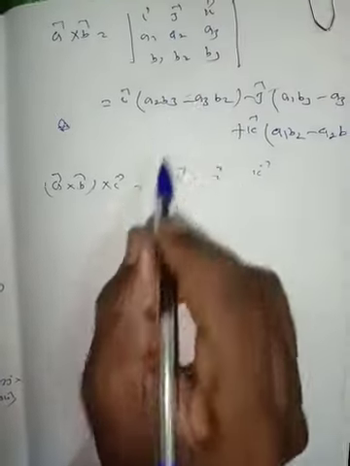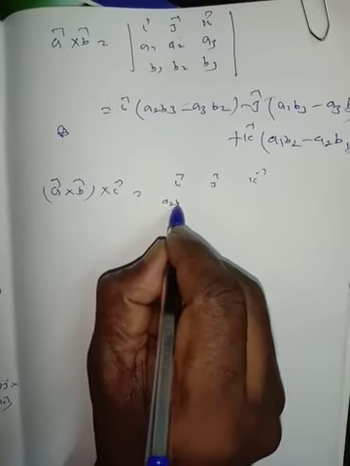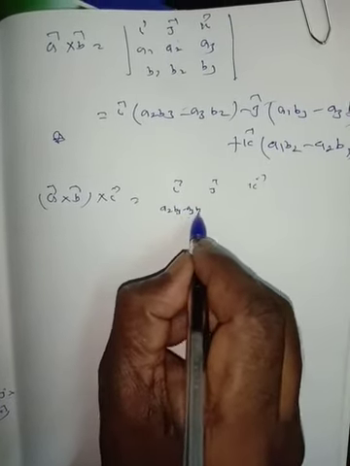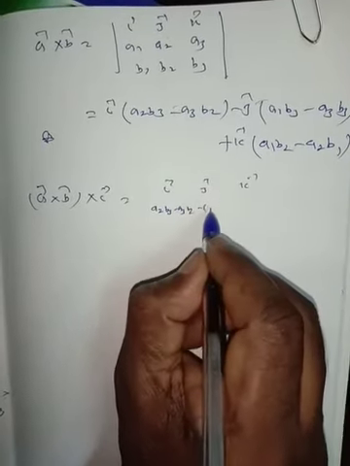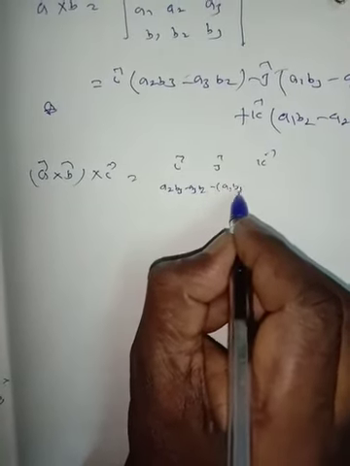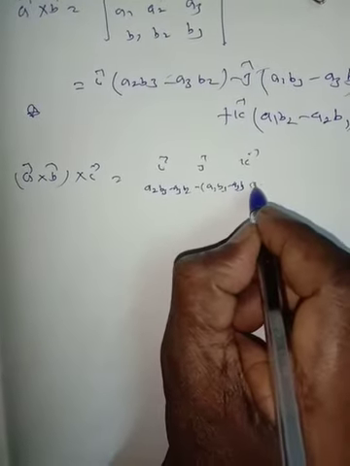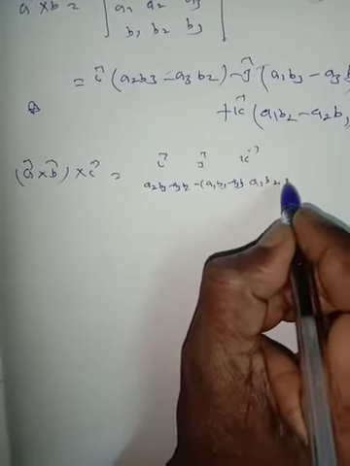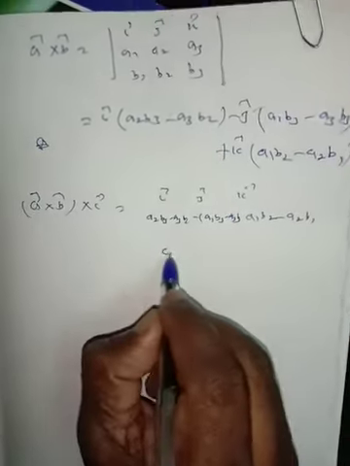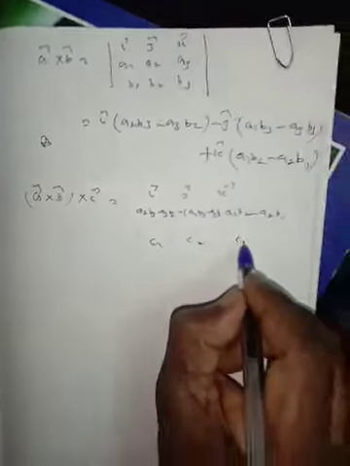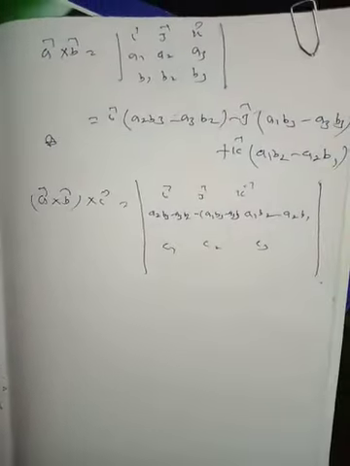First a cross b is a2 b3 minus a3 b2, next minus of a1 b3 minus a3 b1, next a1 b2 minus a2 b1, then c1 c2 c3. Expanding, we get the answer.